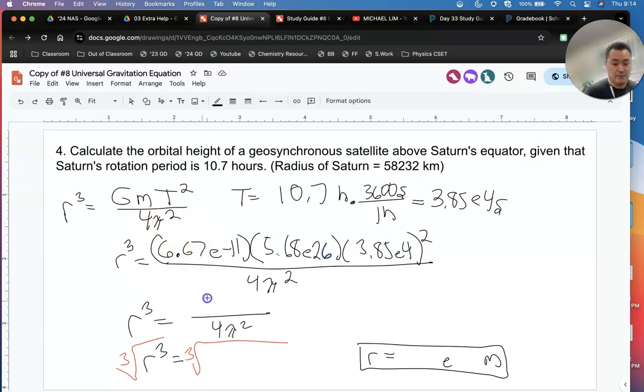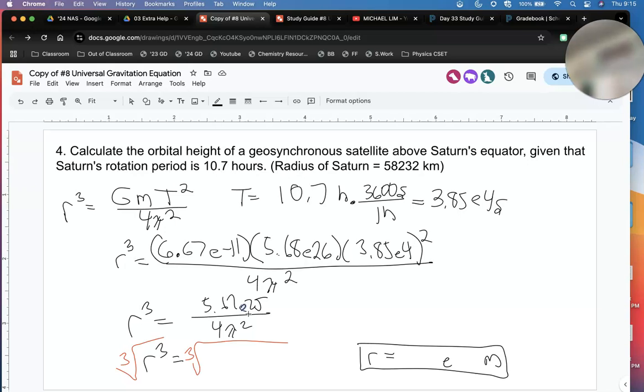So write down 5.62 E25 for R cubed equals, but then we have to divide that by 4 pi squared. Let me fix that. 5.62 E25 divided by 4 pi squared. And then Demore will do this for us.